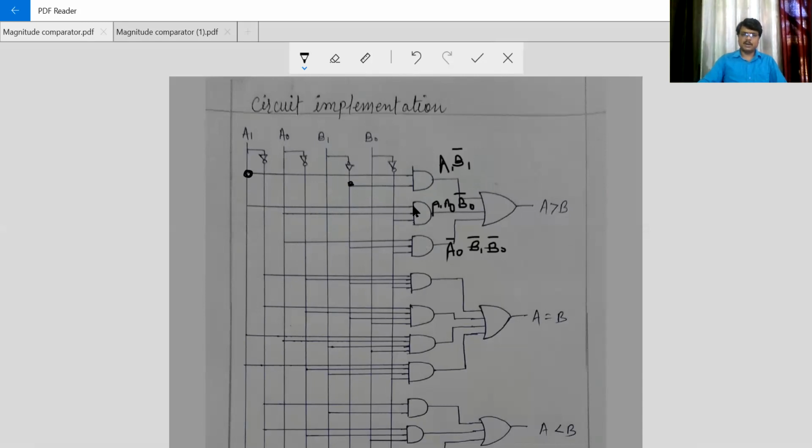And the second AND gate we have connected to A1, A0 and B0 bar, so it will give A1 A0 B0 bar. And likewise, the third AND gate, we have connected with A0 bar.